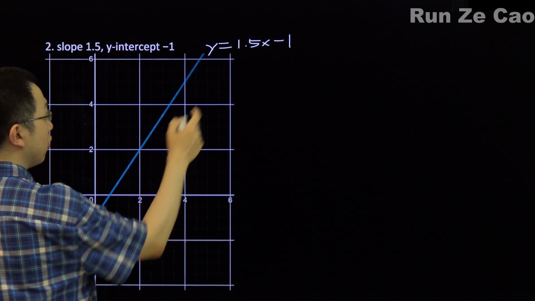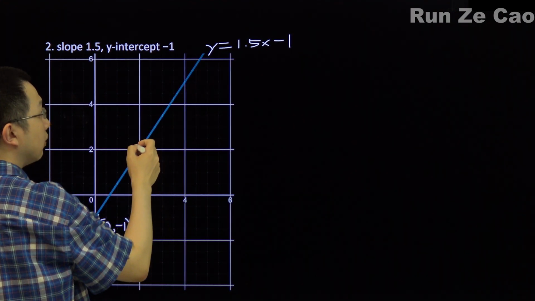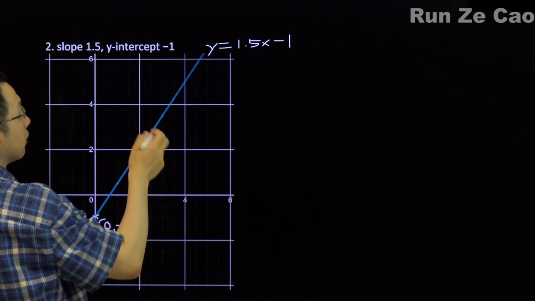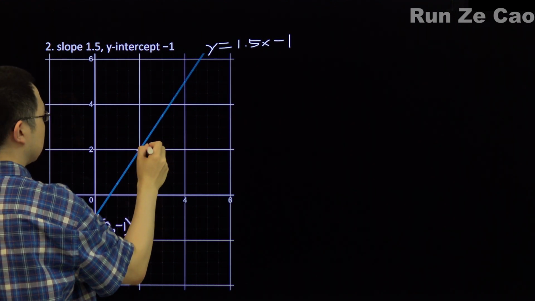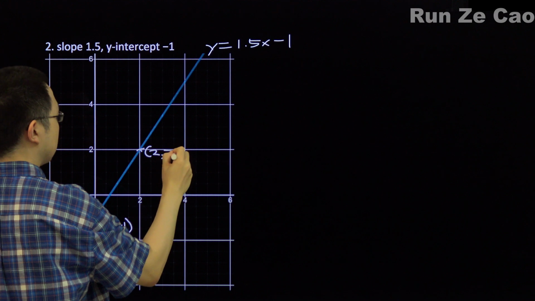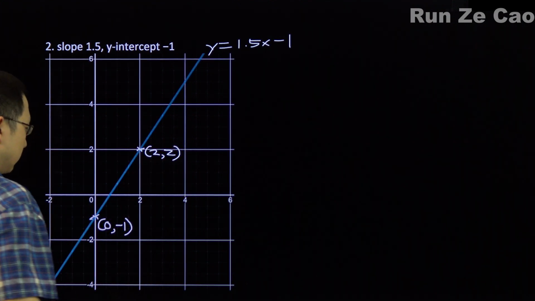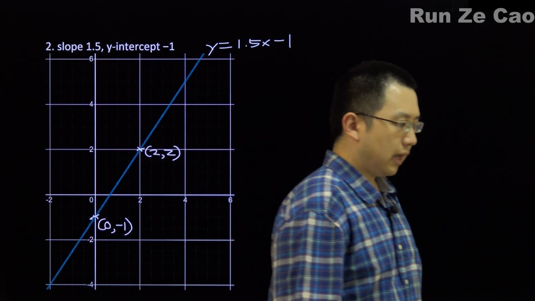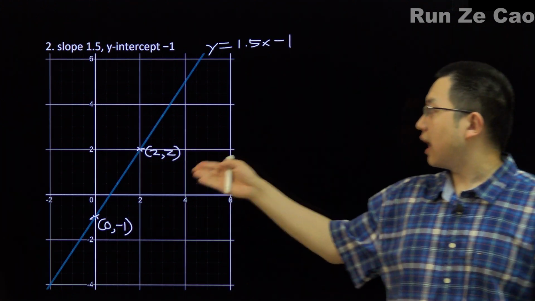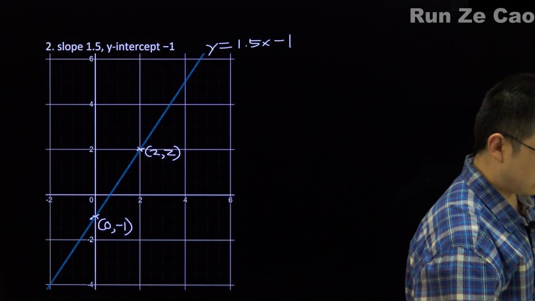So x equals 2 would give us y equals 3 minus 1, so 2, 2. And then we could just draw a line through these 2 points.